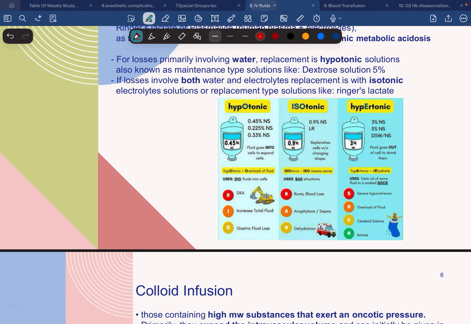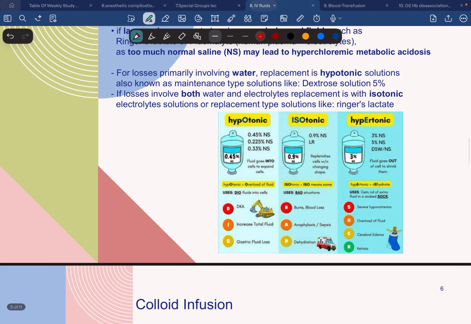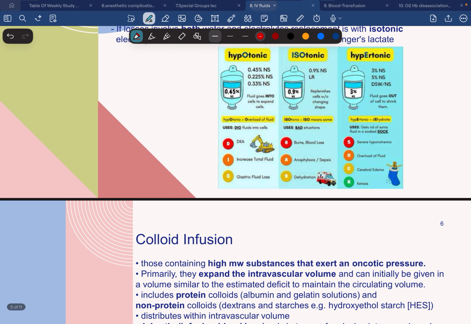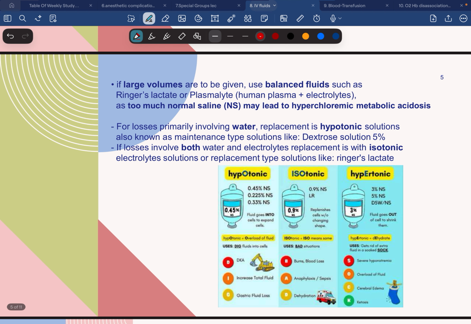Now, if you give an isotonic saline, it will have the same osmolality as within the cells, which means the fluid shifts will be minimal to reach equilibrium. On the other hand, if you give a hypotonic solution, the water will start flowing into the cells by osmosis, which means your cells are going to swell.